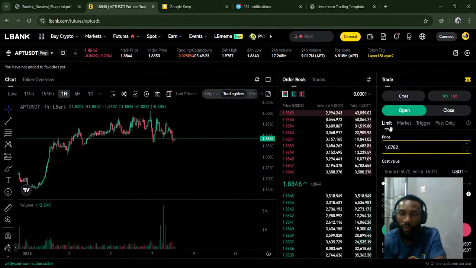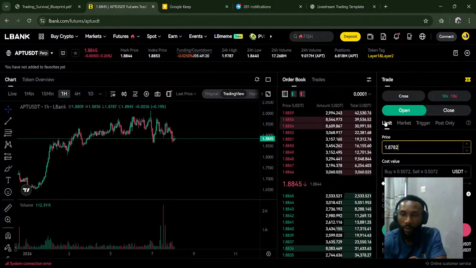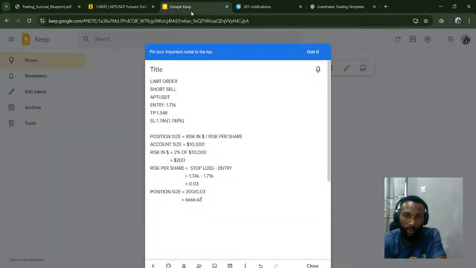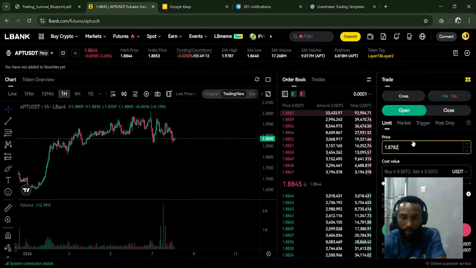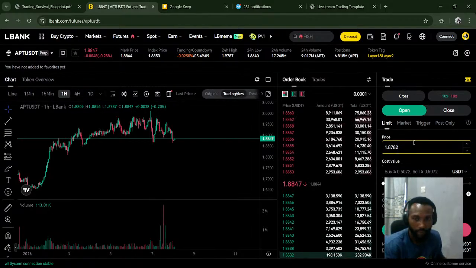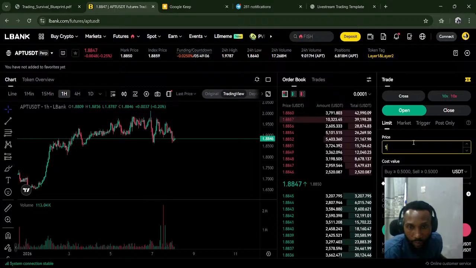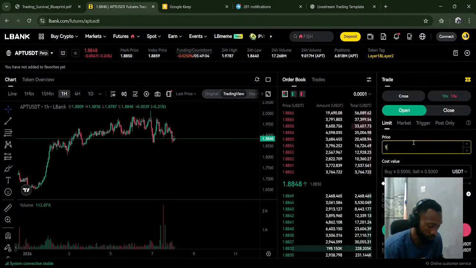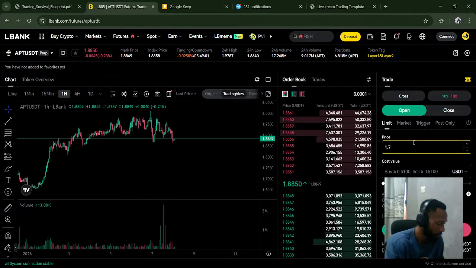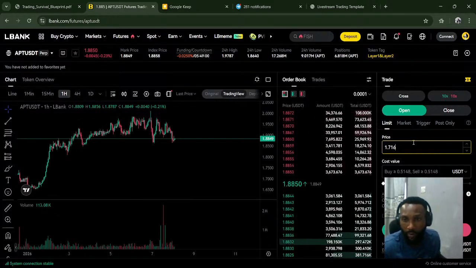Make sure that it's on the limit order, so it's already on limit. So what is the entry price? 1.716.